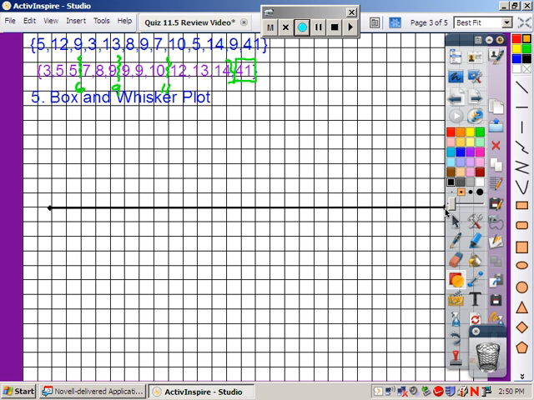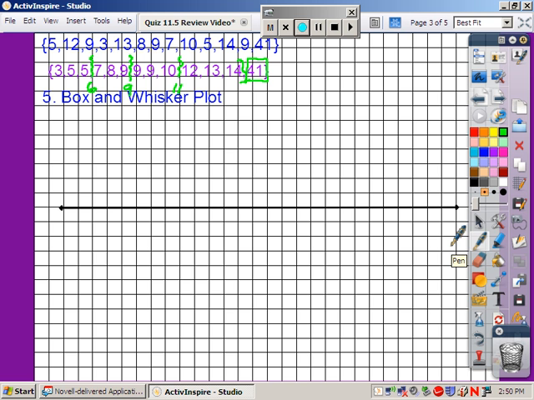That's probably long enough, I guess. Okay, now I need this number line to go from 3 up to 14. I want to make sure they fit. So I'm just going to start here with the 3, 4, 5, 6, 7, 8, 9, 10, 11, 12, 13, and 14.